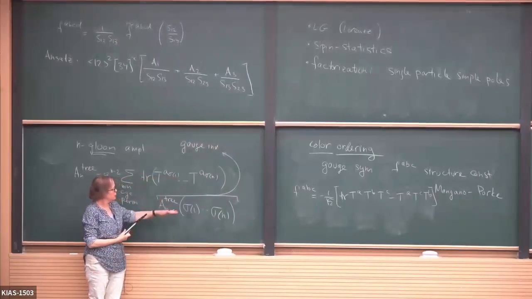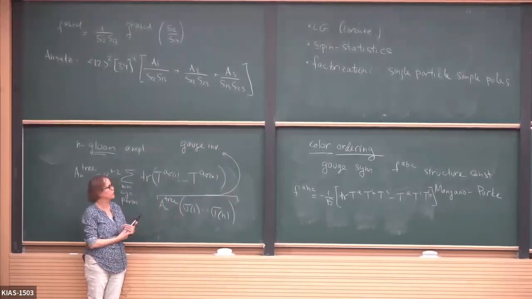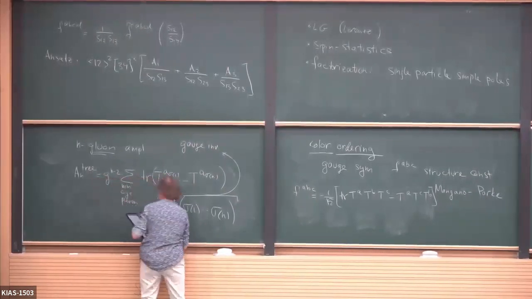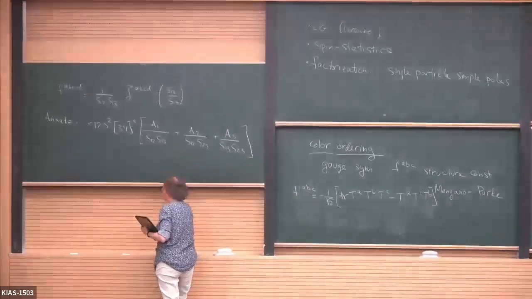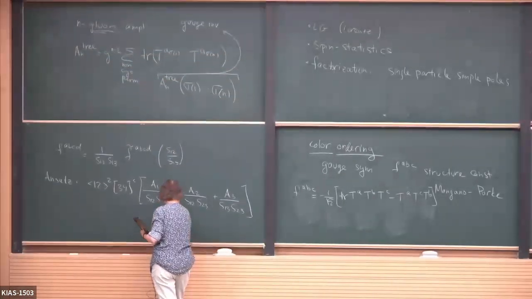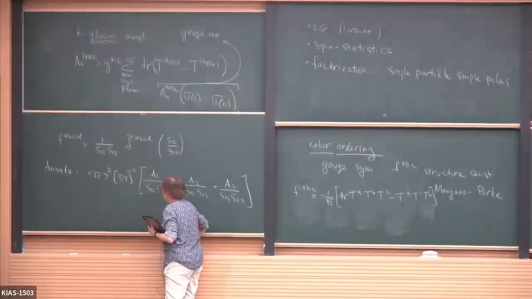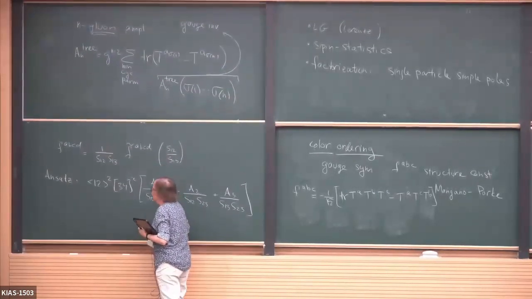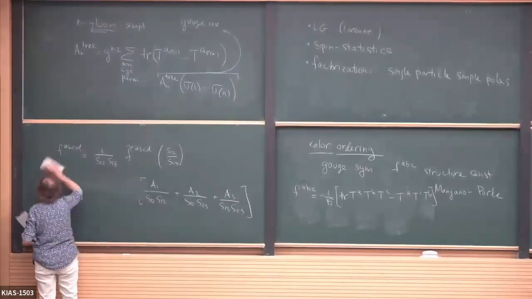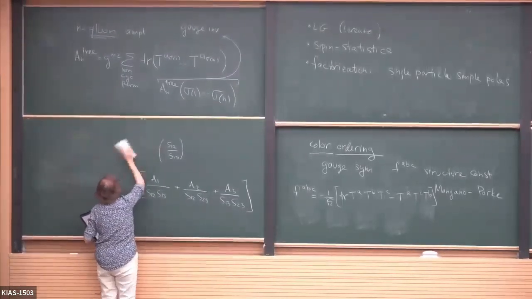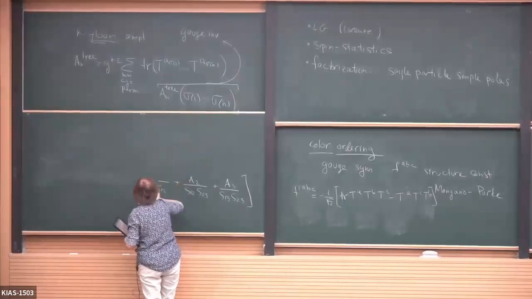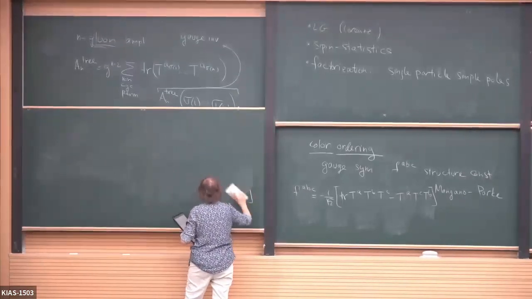Okay, so we can compute each one of them separately. And this is very nice because it just tells you that in each one of these amplitudes, the gluons have a certain ordering.